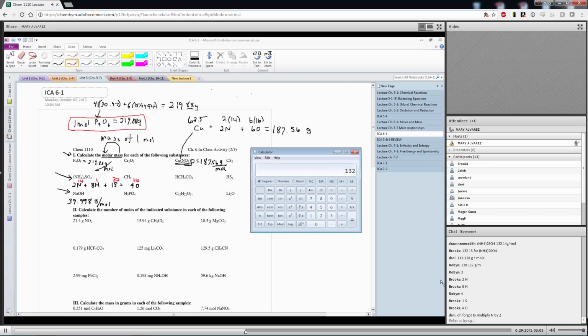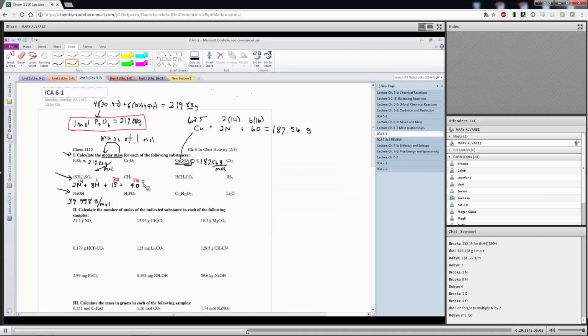Excellent. So the most common mistakes we're going to see there occur when we forget to multiply through and say that we've got 2 nitrogens and 8 hydrogens. But you guys came up with what, 132.14?